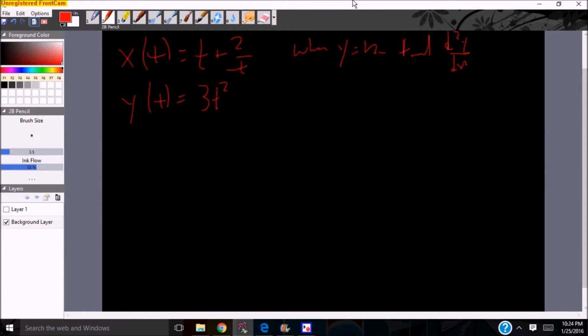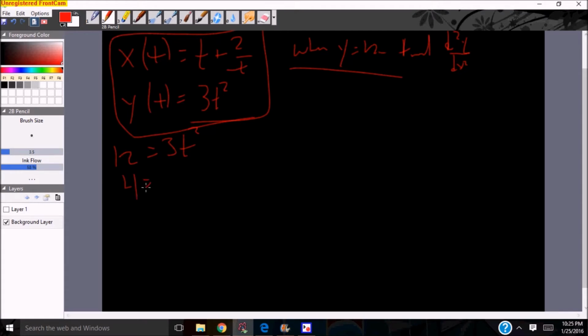Okay, so we are now on the second problem on the second derivative page. Hopefully that second derivative didn't seem like a big deal. To find the second derivative of this particular function, they want us to do it when y is 12. So first I need to figure out when y is 12. That is when 12 is equal to 3t squared, or 4 is equal to t squared, or t is equal to plus or minus 2.